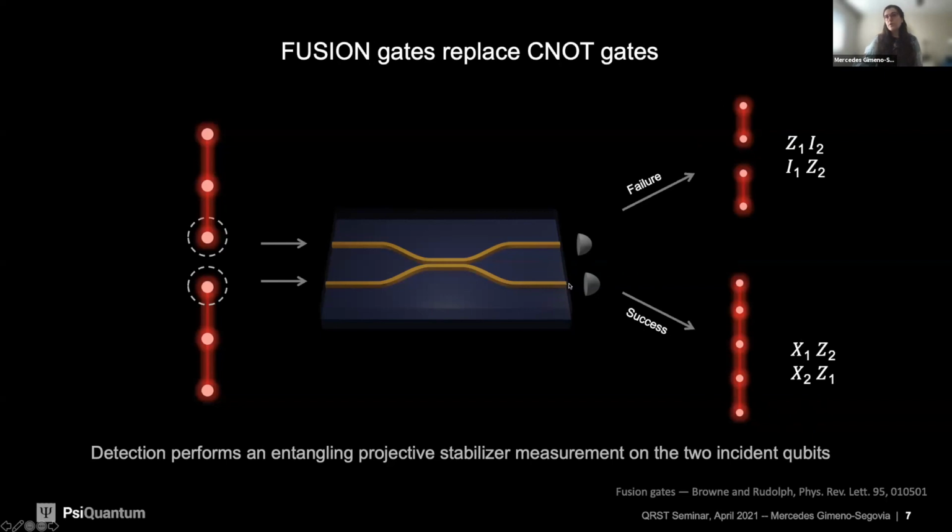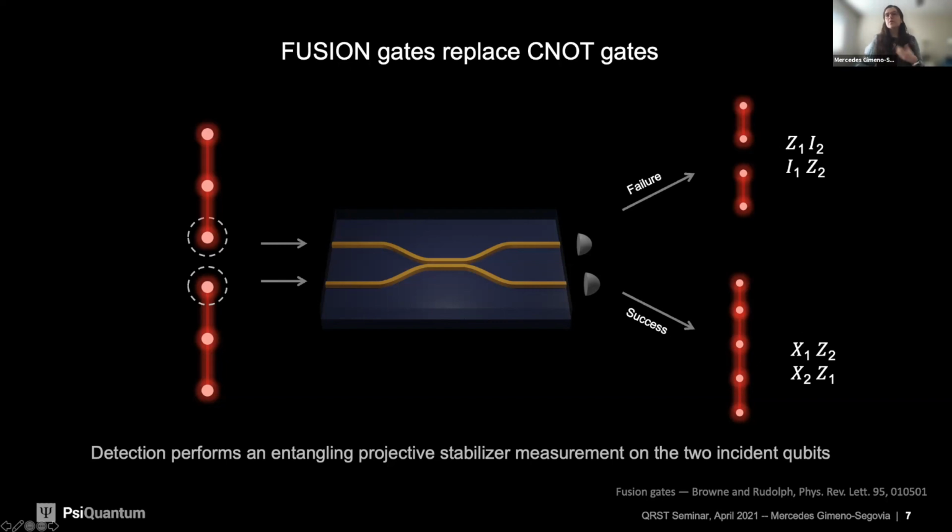So all of the outcomes of these fusion gates correspond to stabilizer measurements. And the crucial thing is that these stabilizer measurements can be used as check operators in a quantum error correcting scheme. The other thing is that I'm putting here an example, but there's flexibility in how you choose your passive operations to determine exactly what stabilizer operation you're doing on your state.